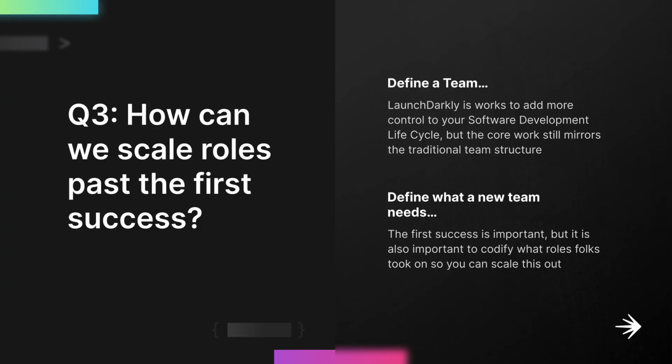And then from there, you can define what this new team needs. Before you create a new team and assign custom roles, define what roles these folks will take on in this new team. Then we can scale it further and everyone is on the same page when it comes to releasing new features.